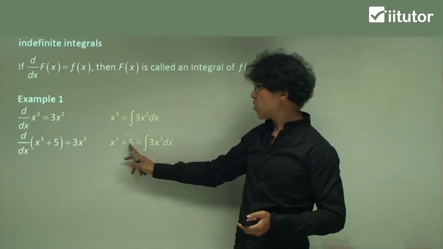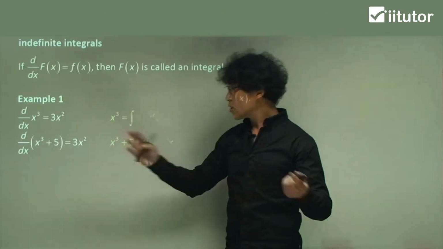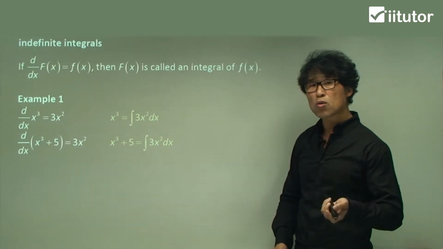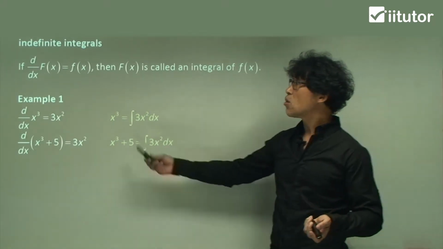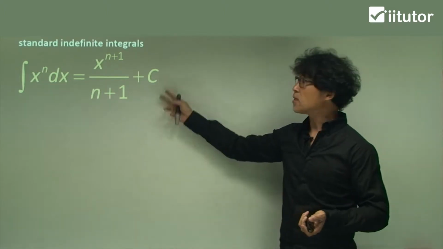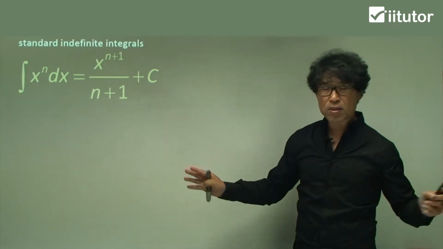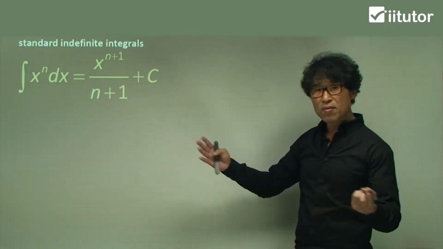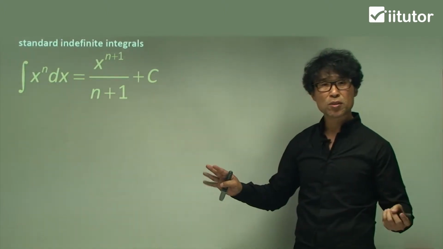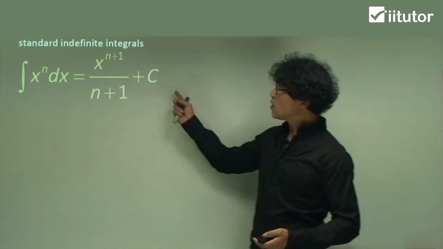Sometimes 5, sometimes 0, sometimes any other number. That's one of the reasons why we call it indefinite. So we just leave it as plus c. It may be some other fixed number, maybe 0, maybe 5, maybe 10, maybe negative 100, depending on the question or situation.